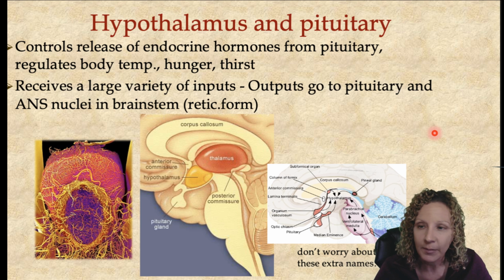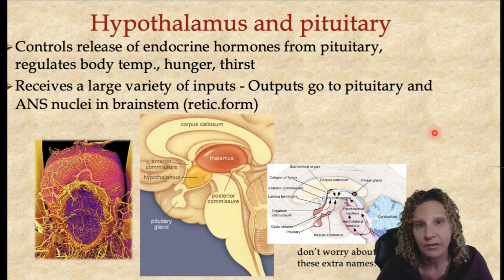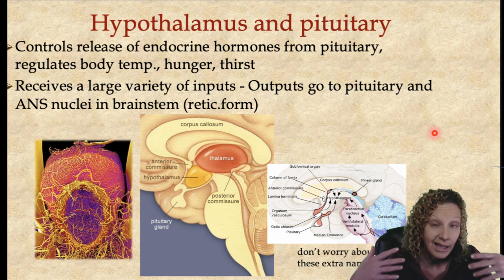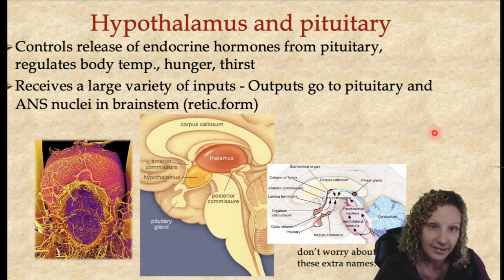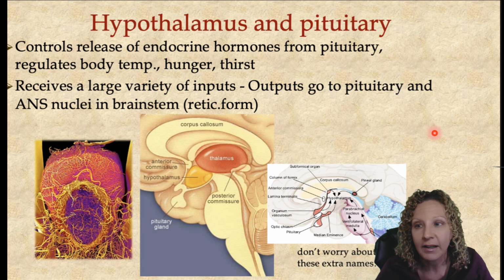The hypothalamus has one of the more complicated connections of all the areas of the brain. It gets a lot of different kinds of inputs. It can influence your biological clock. The information that there's light coming from the retina goes to the hypothalamus and influences the biological clock.